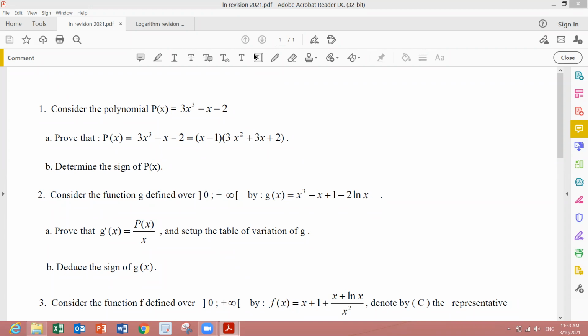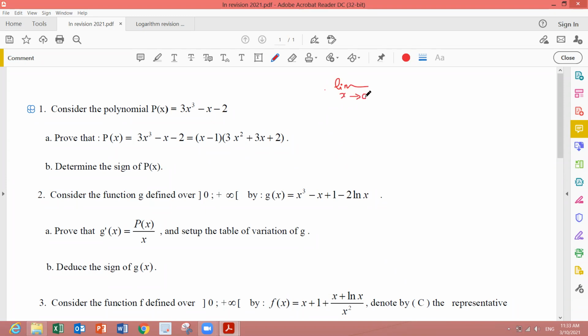Okay, we can start. Today we are going to solve a logarithm exercise. But what are the important rules that you must remember from logarithm? First, you have to remember two limits.